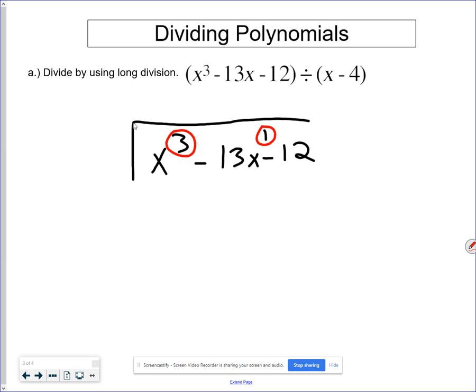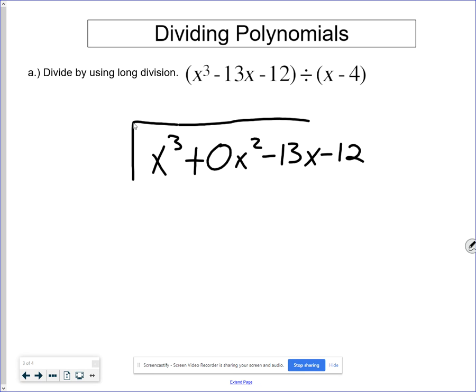Well, we're still going to need to use that in long division. So since there's no x squared term, we'll put a placeholder in. So the placeholder here, we'll just have plus 0x squared, because 0 times x squared is still 0. But it'll be important, and you'll see why in just a second. It's important to include that x squared. And then we'll put our x minus 4 on the outside.